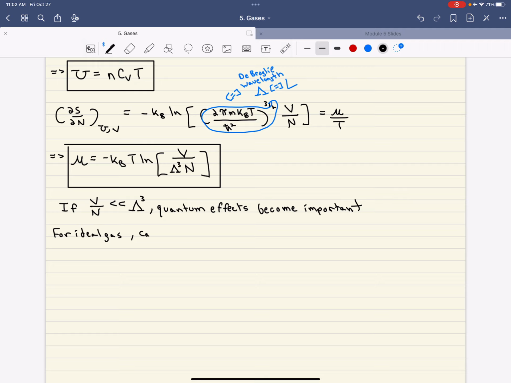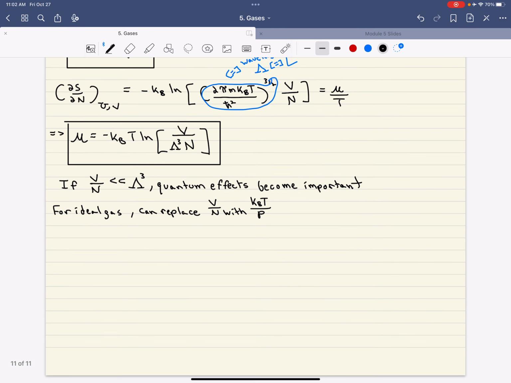So we can replace V over N with k_B T over P. If we plug that into the chemical potential equation, since we're dealing with a logarithm, I'm going to split it up into different parts. So k_B T natural log of P, plus k_B T ln of, now we have another k_B T on the inside, divided by the de Broglie wavelength cubed.